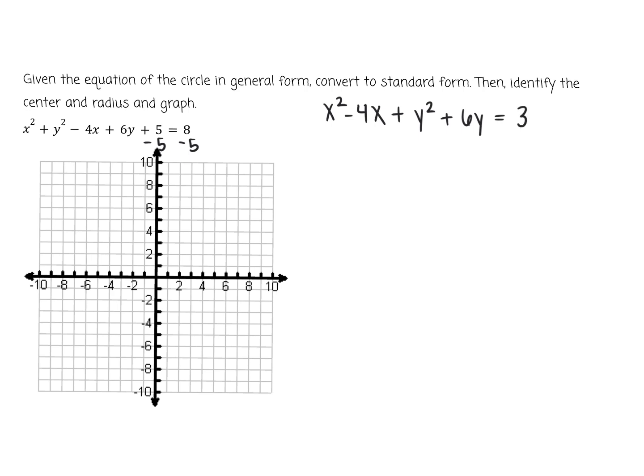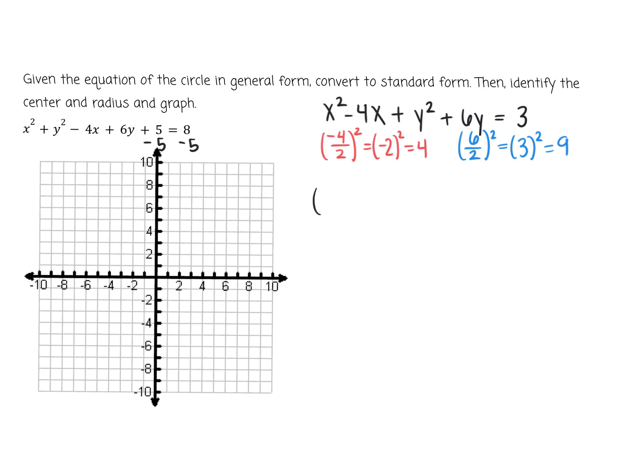Now we're going to do completing the square with our x's and our y's. So for our x's, we'll do b divided by 2, so -4 divided by 2 squared, which is (-2) squared, which is 4. We'll do the same thing with our y's, so its b is 6 divided by 2 squared, which is 3 squared, which is 9.